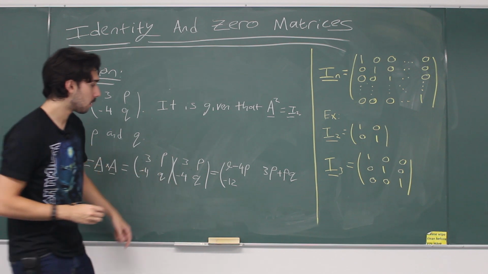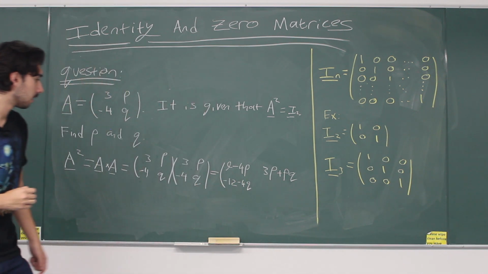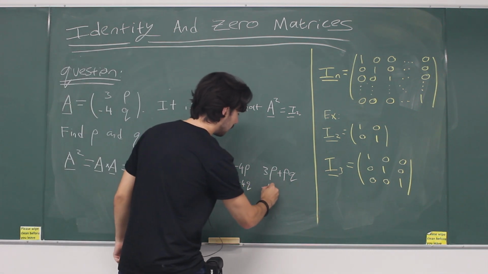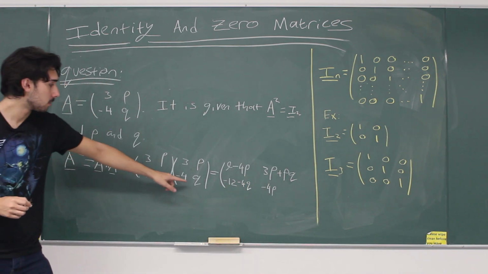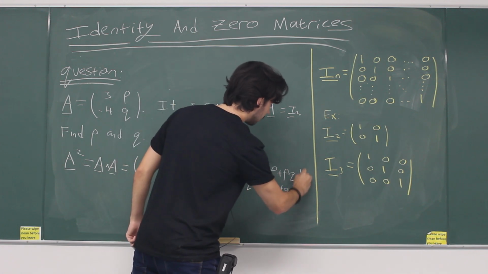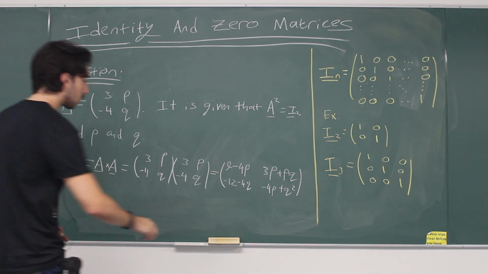Plus Q times minus 4 is minus 4Q. And then minus 4 times P is minus 4P. And Q times Q is Q squared, so plus Q squared. Okay, so that is what we've got so far for A squared.